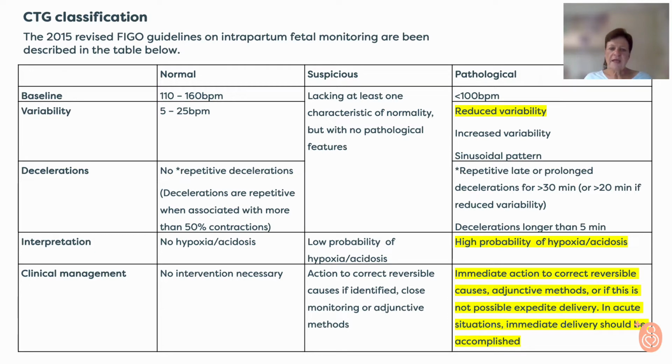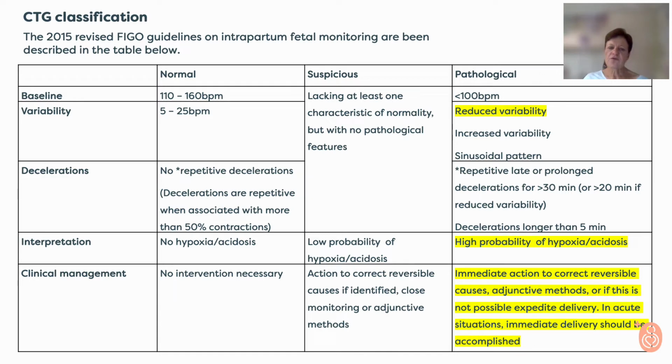When we look at the variability, we see that there's reduced variability. And FIGO says if there's reduced variability, it makes the fetal heart rate or this pattern pathological. And then if we look at the variable decelerations, it's still within normal limits in the sense that they are within the 60-60 limits.